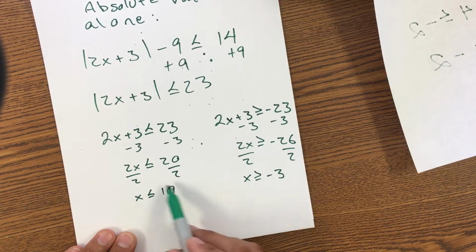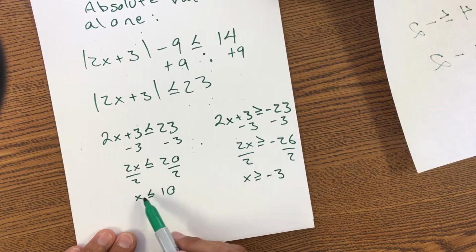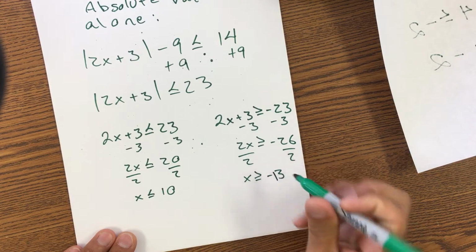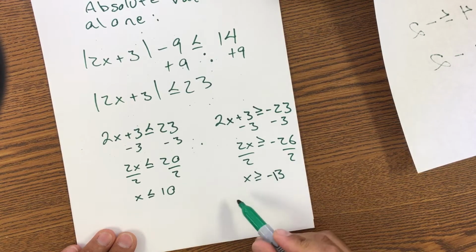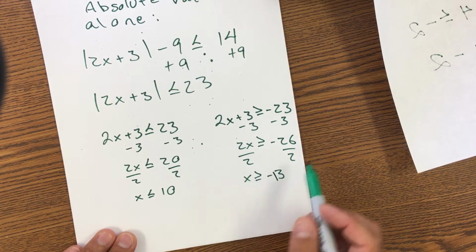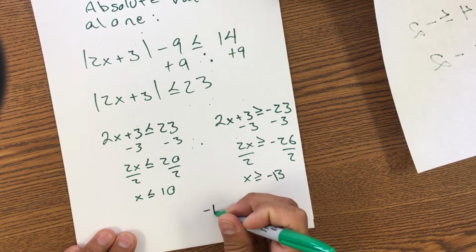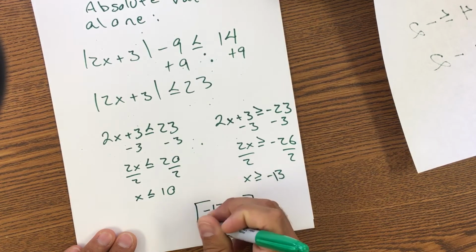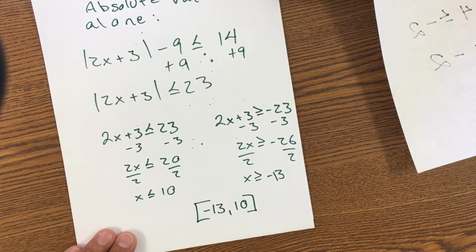So any number smaller than 10 or 10 included, and x is greater than or equal to negative 13. That means anything bigger than or including negative 13. So what that means is it goes from negative 13 to 10. Both of those are included. So that's how I want to do that.